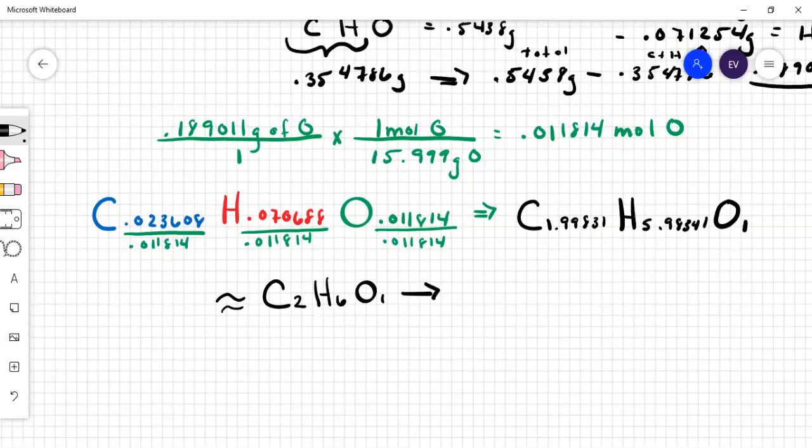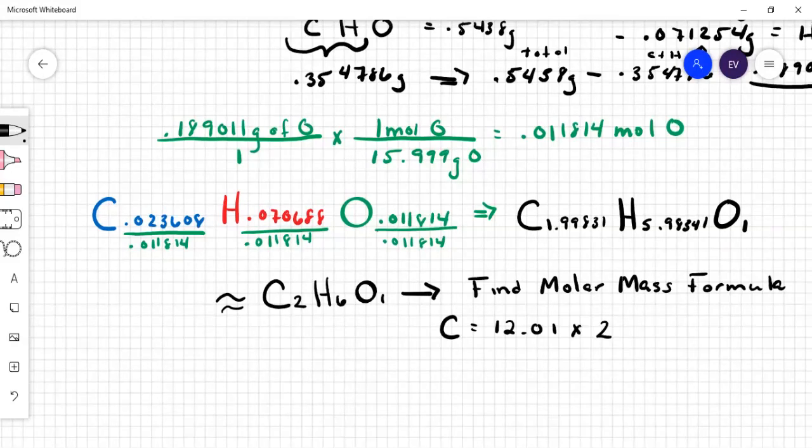Now, to get the molecular formula, we first have to find the molar mass of the empirical formula. This part's easy, don't worry. The molar mass: C is equal to 12.01 times 2.